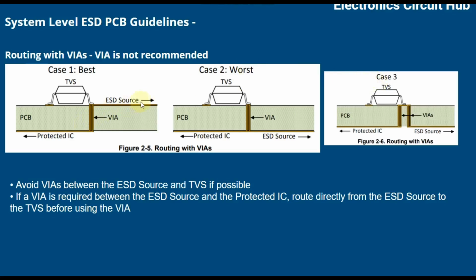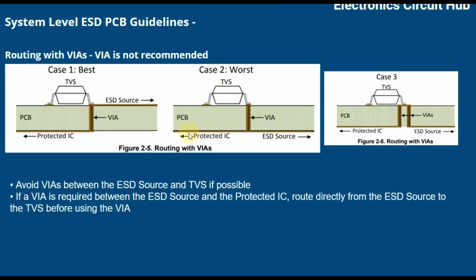In case 1, the source comes from here, then they connected the ESD diode, and they connected one via and it goes to the protected IC. So this is the best technique. This is the worst technique: coming from the source, through a via you go to this ESD diode, and then to the protected IC.